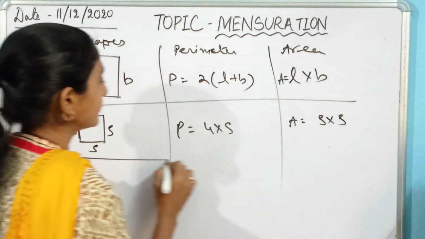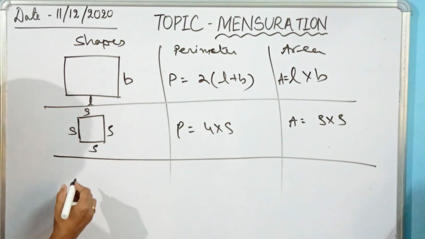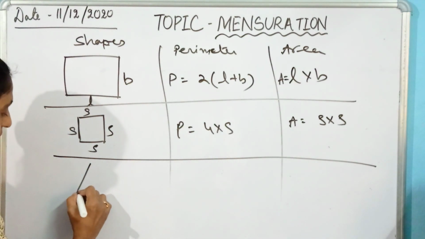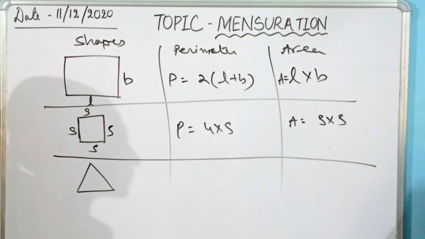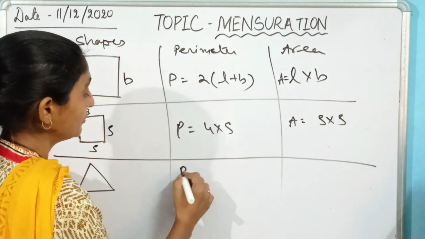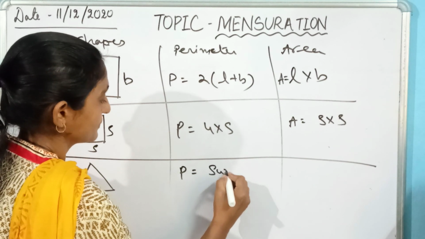Now the third shape, let's consider. Here I am going to consider a triangle. It can be any kind of triangle, but what is the formula we have learned? For perimeter, we know it is the sum of the lengths of three sides.